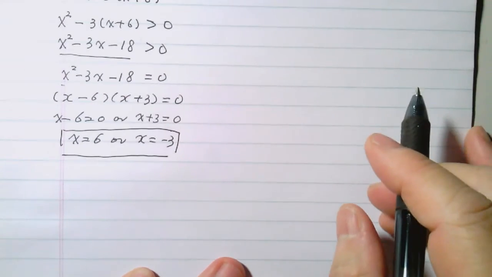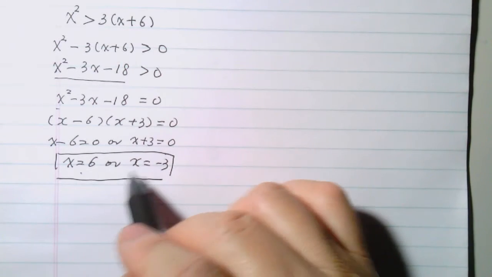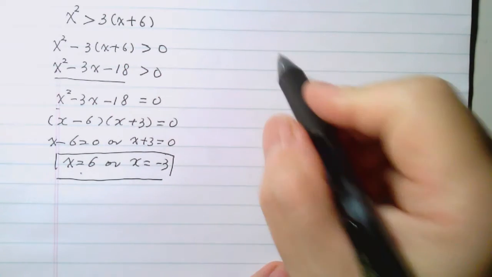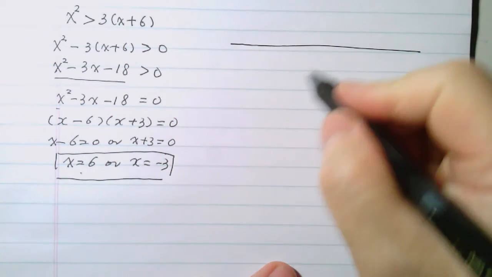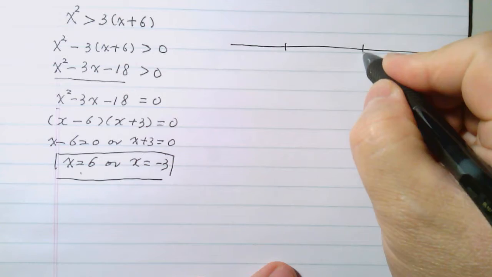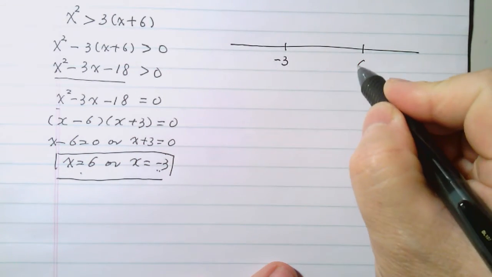Now that we have the critical numbers, we use them to divide the number line into intervals. So I have negative 3, I have 6 here.